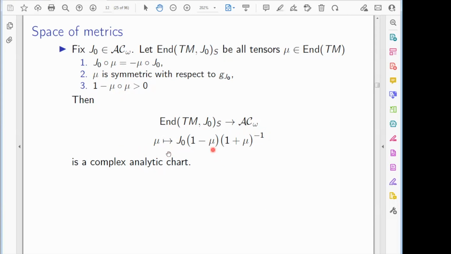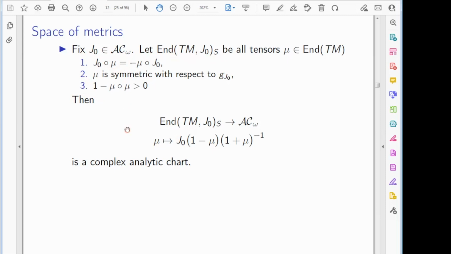So there's two pictures here. Well, I'm sorry, I guess there's like one picture in how they're parametrized. The coordinate chart here, which is onto this entire manifold, is given by all of these tensors mu that satisfy these three conditions.